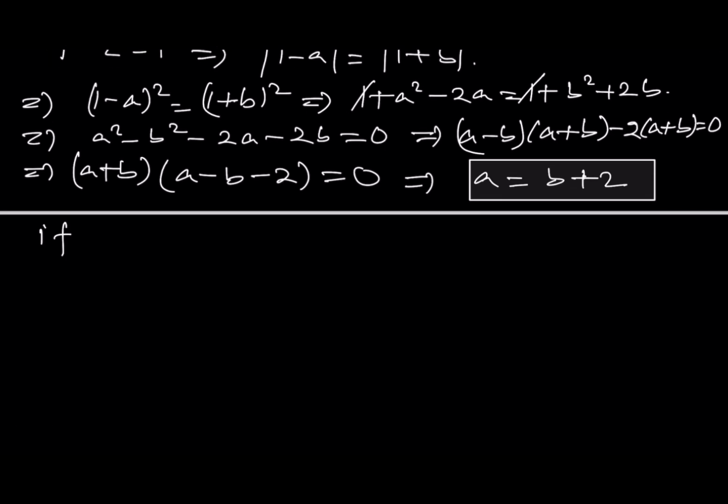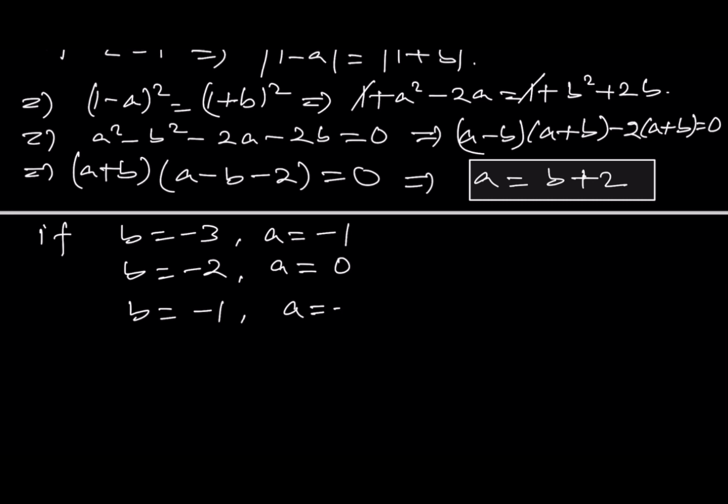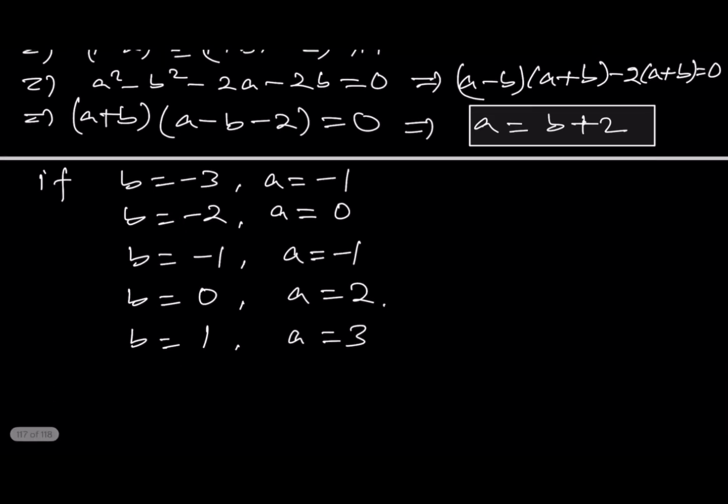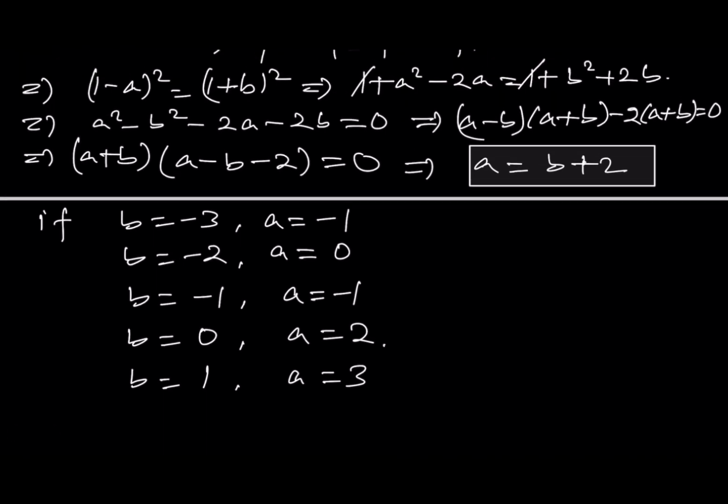Now if b is minus 3, a is minus 1; b is minus 2, a is 0; b is minus 1, a is 1; b is 0, a is 2; b is 1, a is 3. And b cannot be 2, because if b is 2, then a will be 4, which is not valid, because a and b belong to minus 3 to 3 closed.